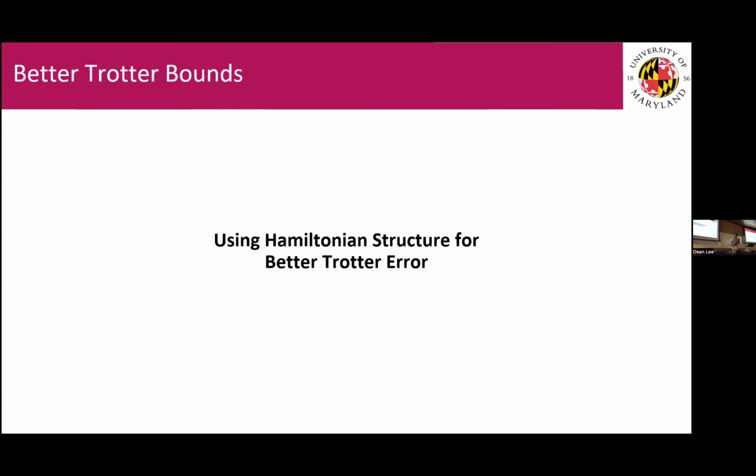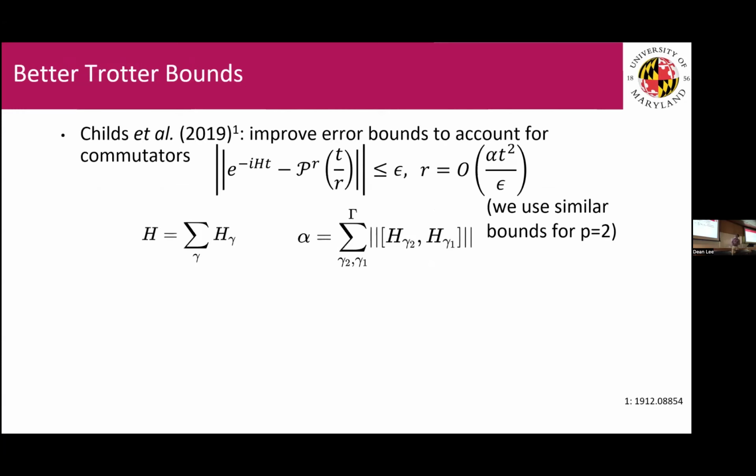Sure. Okay, so I've talked a lot about using the structure of the Hamiltonian to speed up our quantum simulation. I'm going to talk a little more about the actual algorithms that we're using. I alluded to, somebody over here asked a question, what if my Hamiltonian is non-commuting? The way this comes into the error in your algorithm, the amount of resources that you need, is quantified by this quantity alpha.